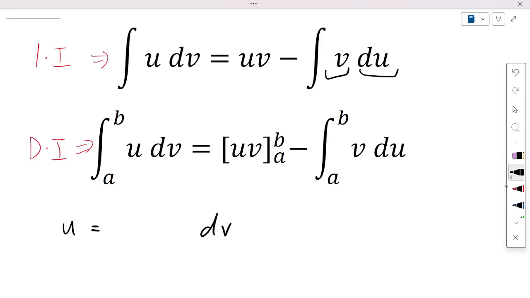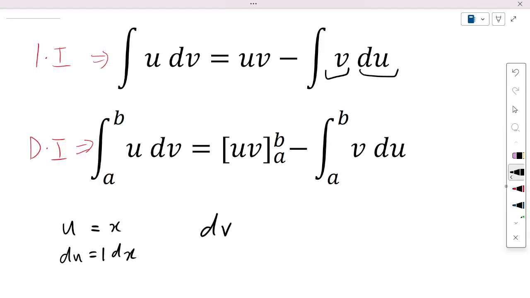What happens with u? u will just become du. Let's say for example we have x, and therefore the derivative of x with respect to x is just 1 dx, which is just equal to dx.